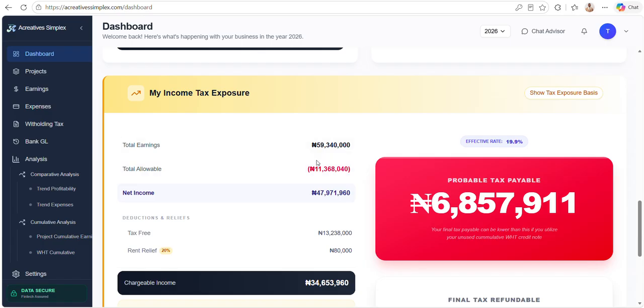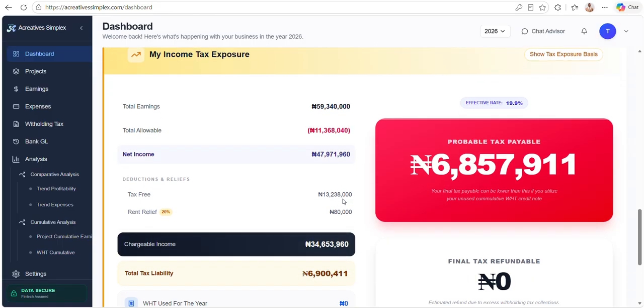According to the tax law, it says your total earnings, which is 59.34, less only your allowable expense. The tax law only gives provision for allowable expense to be deducted from our total earnings. So that's why the difference gives us a net income of 47.97 million.